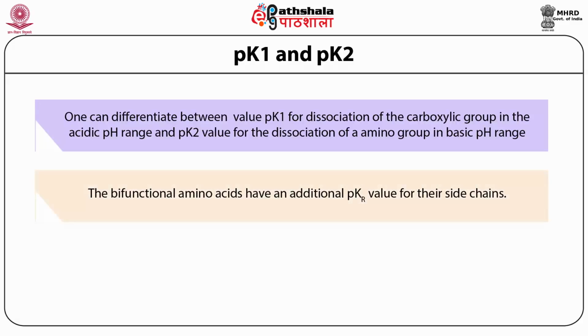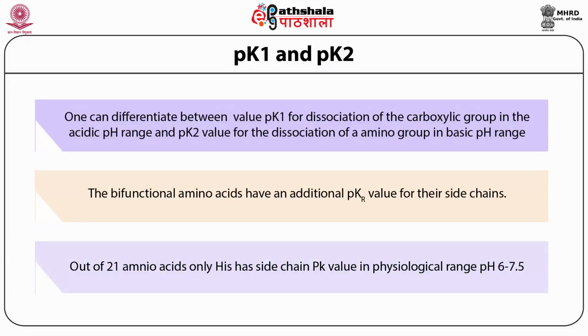The bifunctional amino acids have an additional pKr value for their side chains. Out of 21 amino acids, only histidine has a side chain pK value in the physiological range of 6 to 7.5.